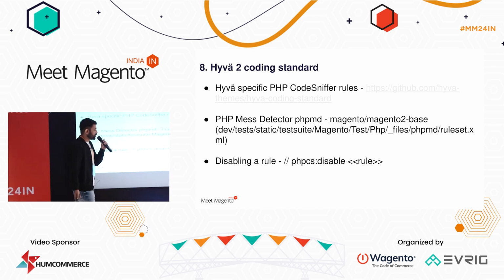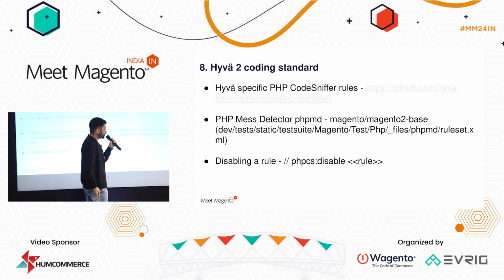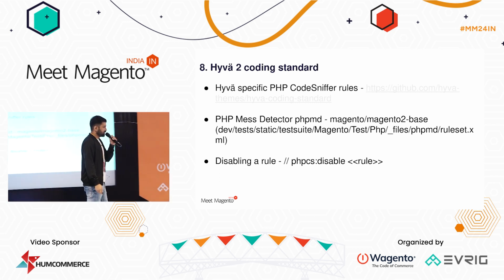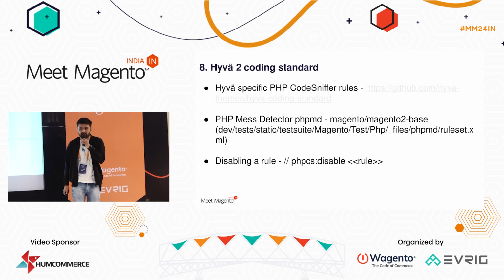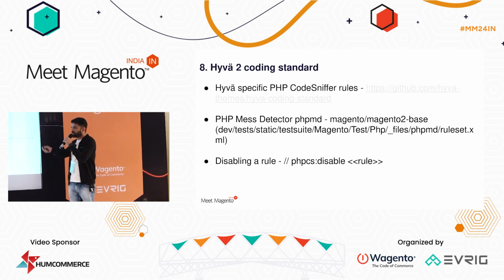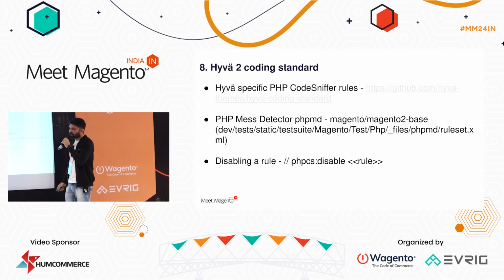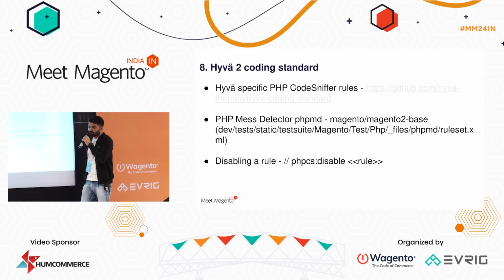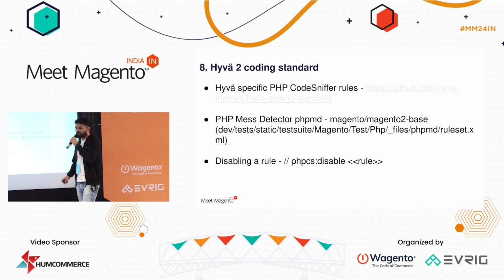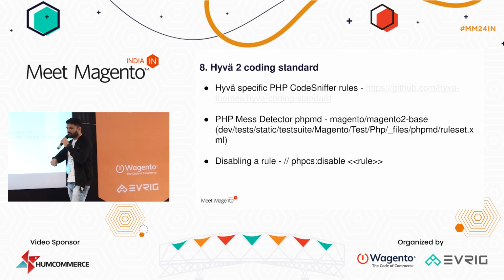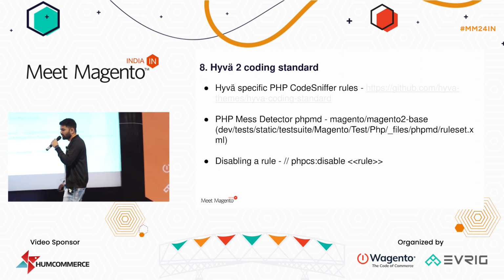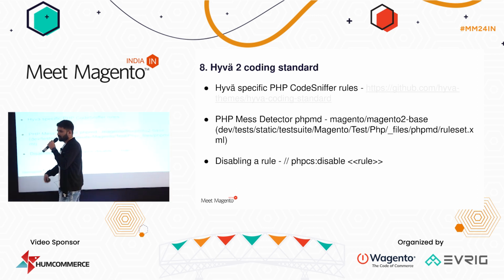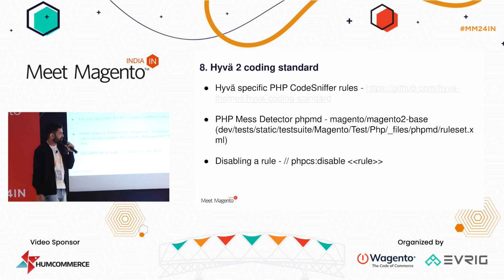Like if a line is exceeding a certain number of characters, you can disable that rule, but you have to specify that you want to disable only that one. If you ignore all the coding standards for all files, it will not be good practice.